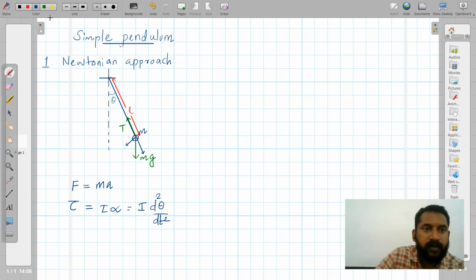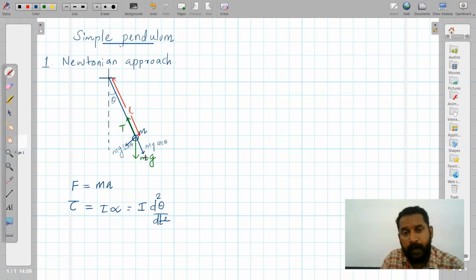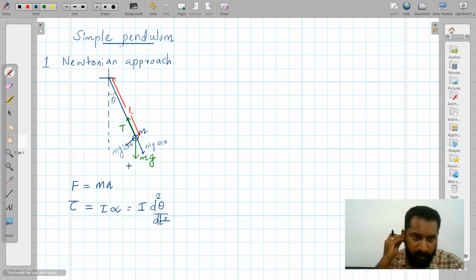The component marked in blue is mg sine theta, and this component is mg cos theta. This is the difficulty of the Newtonian approach: you need good knowledge of resolving vectors.